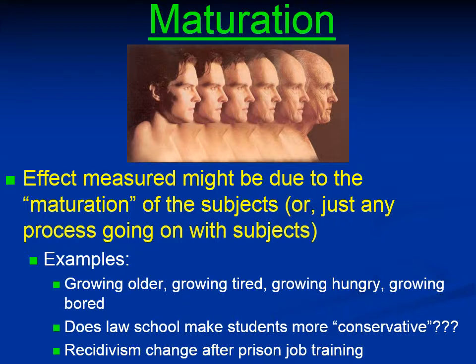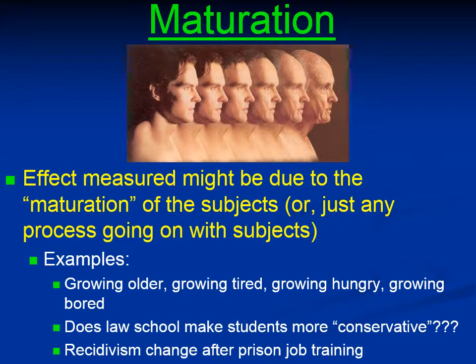The other interesting one on the slide down here: the Monahan and Walker book gives this law school example in the section on the maturity threat. Many studies find that law students become more conservative through law school, using the operational definition of conservative as whether students want to go into public interest work or not. Going into public interest work is defined as being less conservative.